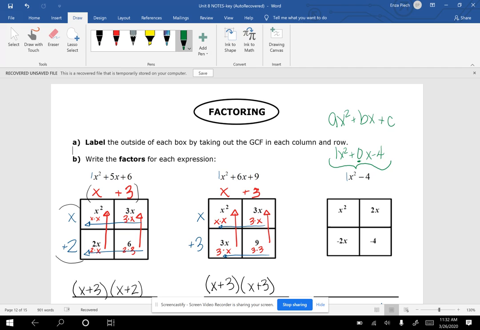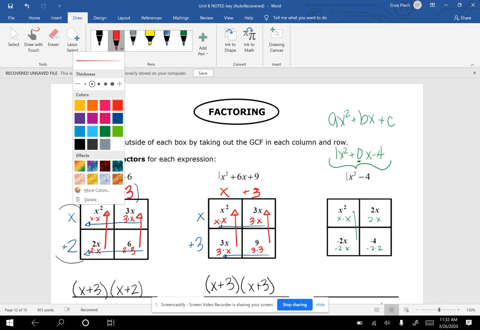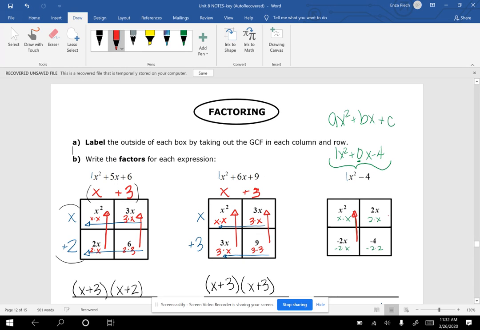So now when we look at this, we can really easily focus on what it is we're trying to pull out. So I've got x times x, 2 times x, negative 2 times x, and negative 2 times a positive 2. So here we go with those columns and rows. Columns, I can pull an x out. I can pull out a positive 2.